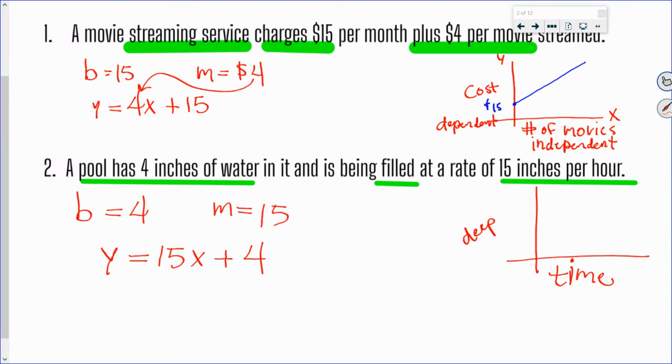Easy mistake to make. Also, when I'm talking about writing a rule, guys, I could have written it this way. There's no difference. That's just function notation. The other is just a linear equation. But those are the same. Remember, f of x is the same thing as y.